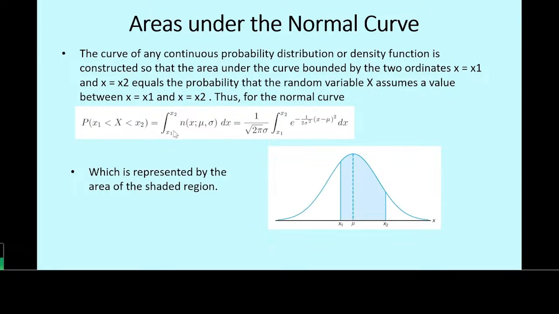The probability P(x1 < X < x2) can be calculated by integrating the normal density function with lower bound x1 and upper bound x2.